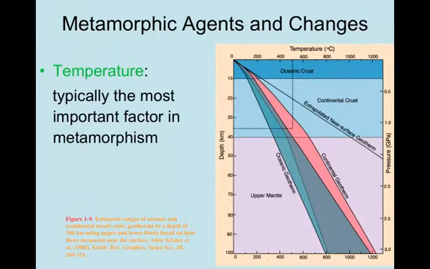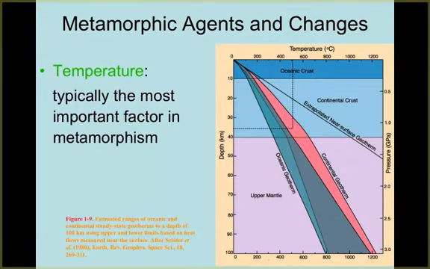Now, we've talked about geothermal gradients before, and this diagram shows pressures and temperatures for continental crust and oceanic crust, but we'll focus on the continental crust. And that's this zone in pink right here, where this is a range of conditions that are true depending on whether you're in the upper part of a continental crust or the lower part of a continental crust, and what temperature those rocks would be at a given depth.